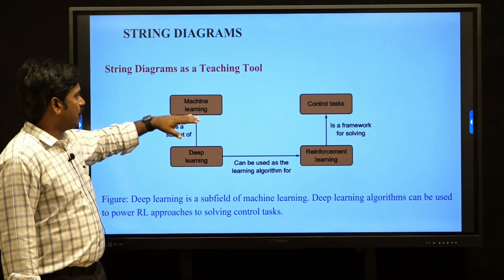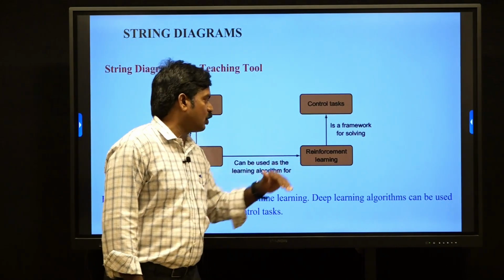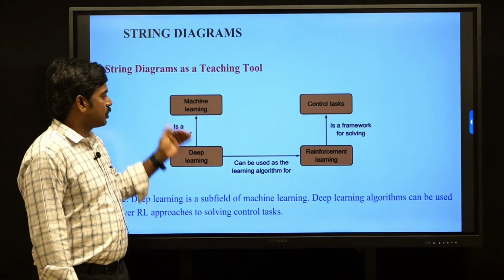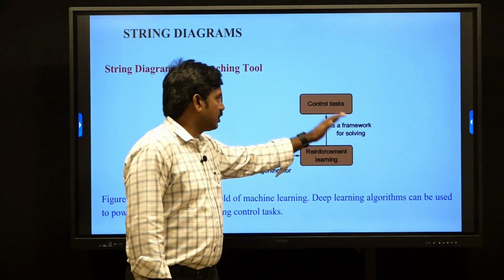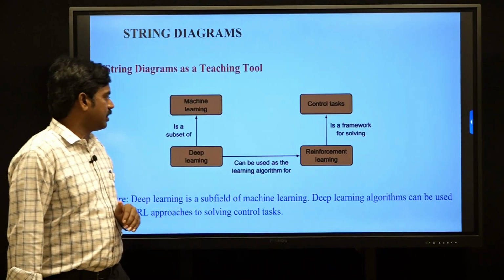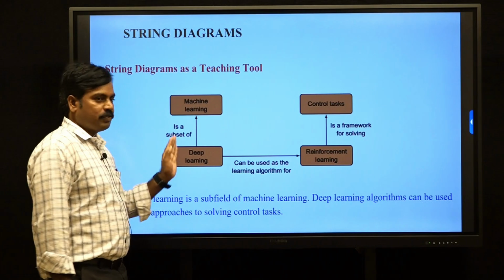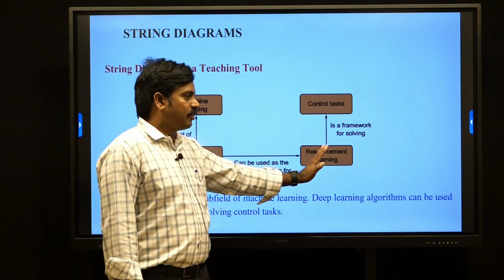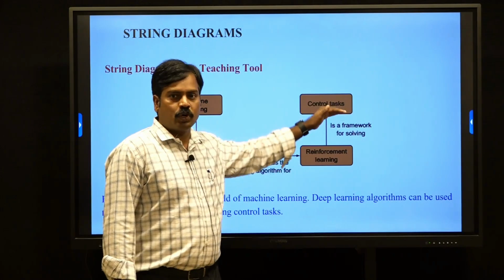Here the boxes are machine learning, deep learning, reinforcement learning and control tasks. This string diagram teaches us the relation between machine learning, deep learning, reinforcement learning, and how to use reinforcement learning for controlling tasks.